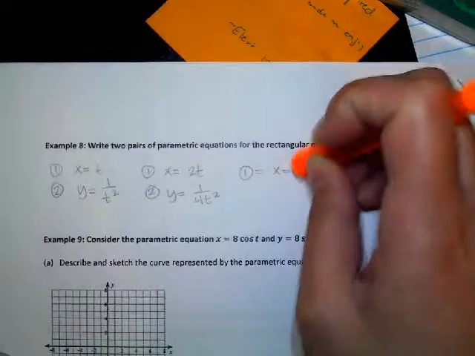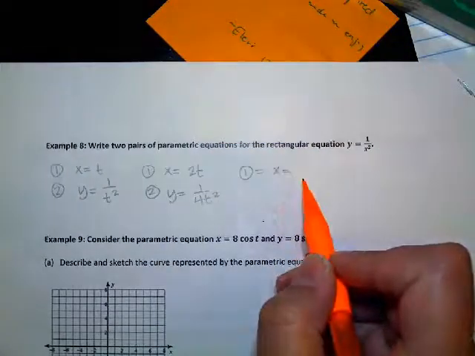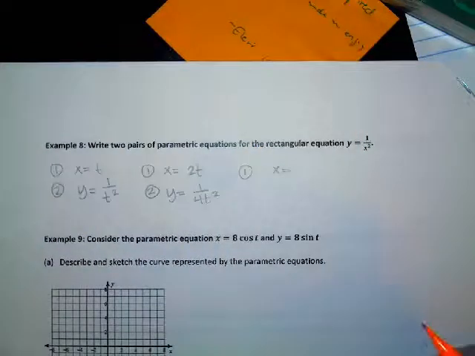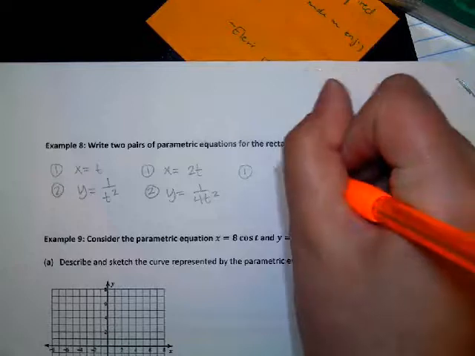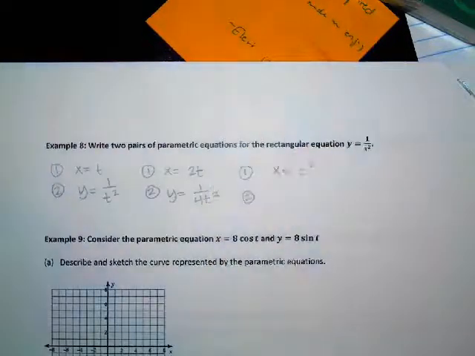Okay, so what would maybe be a better choice? t squared. Okay, and then what would that leave us with for our outputs, for y?